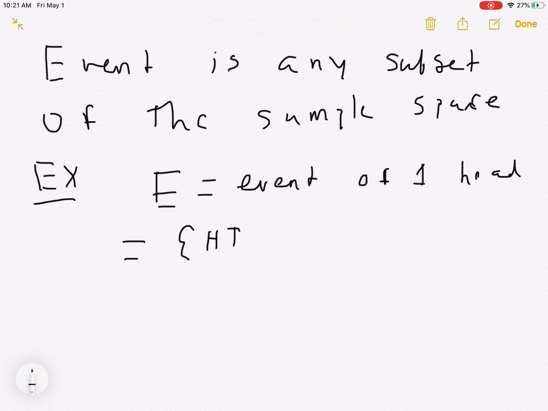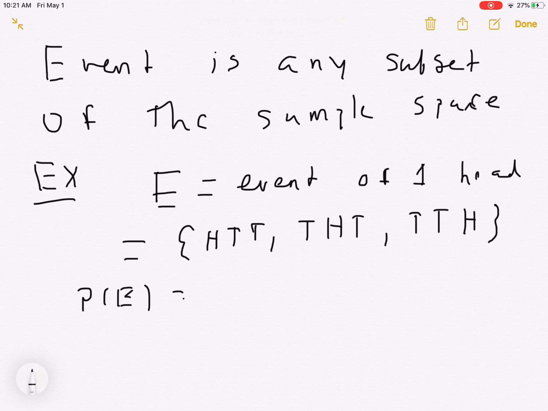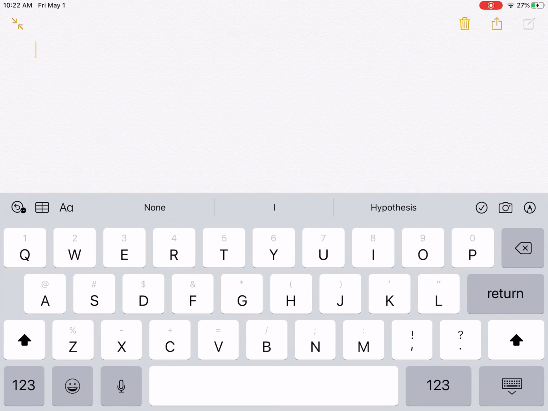We could write that as heads, tails, tails, tails, heads, tails, tails, tails, heads. That's an event. So it's a subset of the possible outcomes. Notice here that P of E is equal to 3/8, and that's P of x equals 1. Okay. There's something else I'd like to define here, and that's the complementary event.